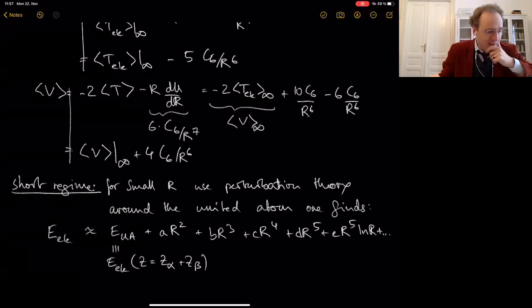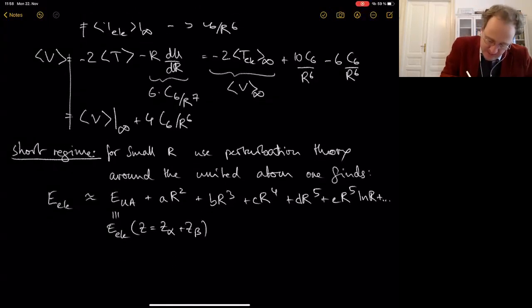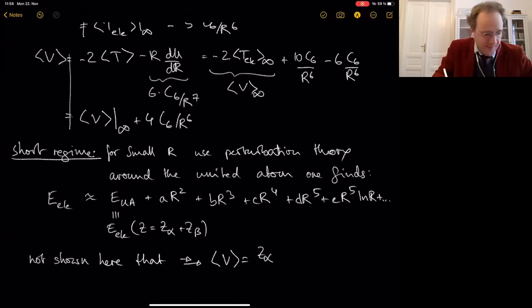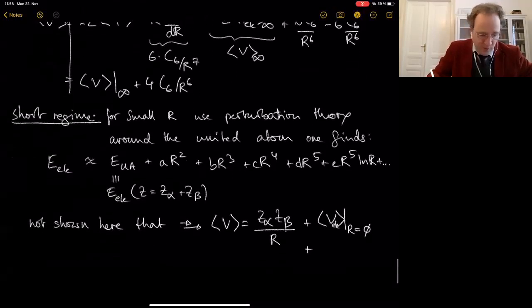And you can show, and we don't do this here at the moment, not shown here, that this leads to V corresponding to Z alpha times Z beta divided by the distance, plus V L at R equals 0, plus 4AR squared.